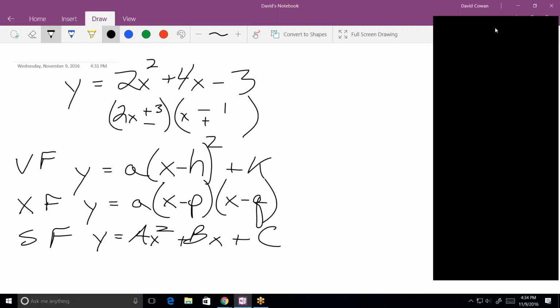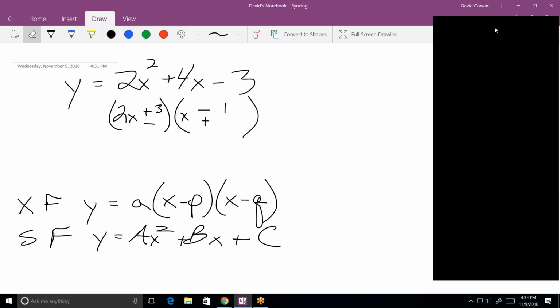Let's make sure that you know why that's true here. Let me erase the vertex format just a second. When I'm factoring these more difficult quadratics, the key is, can I produce the middle term of 4x? The middle term always comes from the inside terms multiplied together added to the outside terms multiplied together.